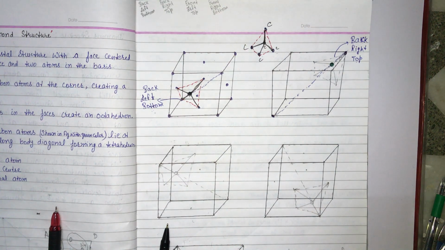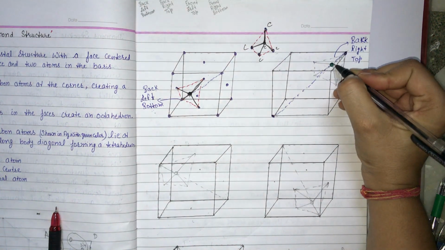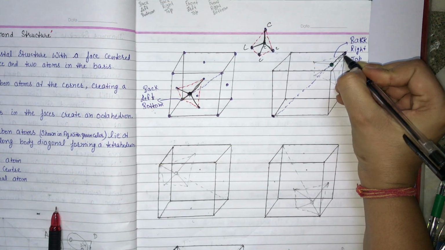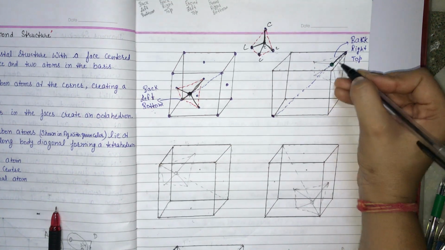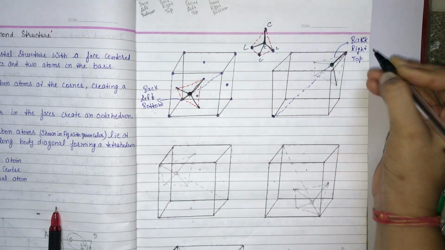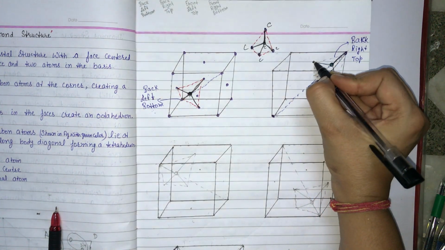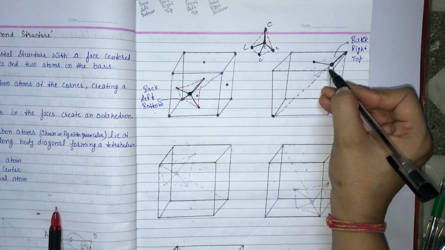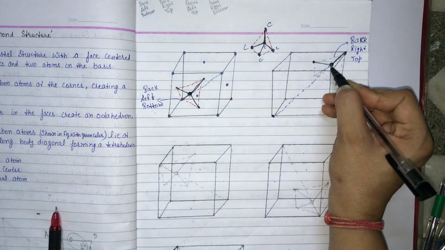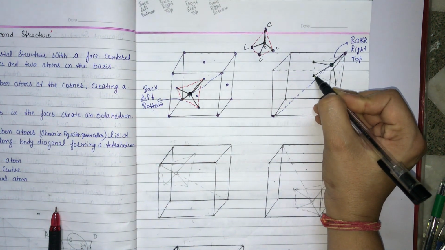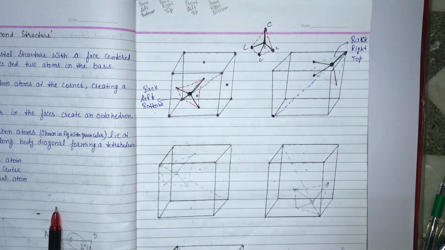Clear? So let's make the covalent bond for this. This carbon atom will make a covalent bond with this point, with right front face, with top face centered position, and also with the back face center position. Clear?